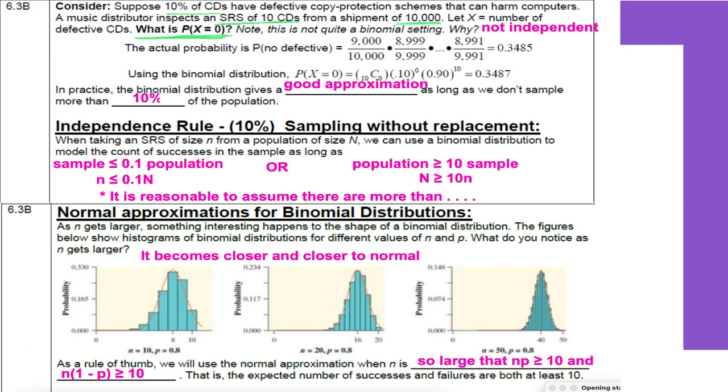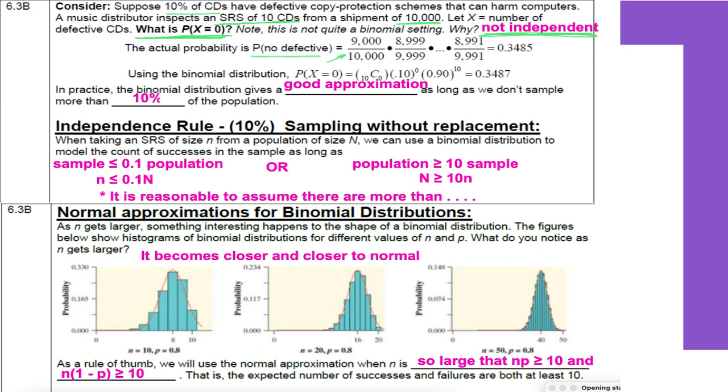It is not independent, okay? Because 10% are defective, the actual probability of no defectives is this: there are 9,000 out of 10,000 that we know to be good, because 10% of them are bad. That's the first of the 10 chosen.